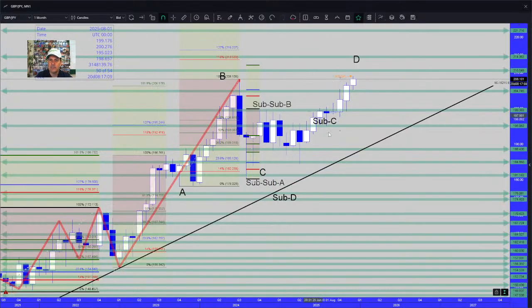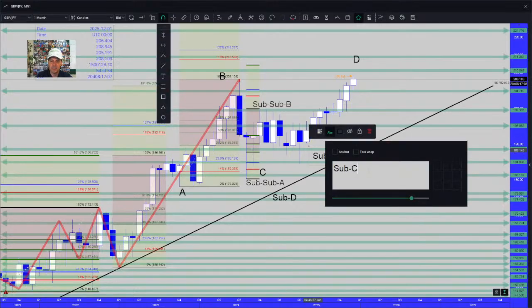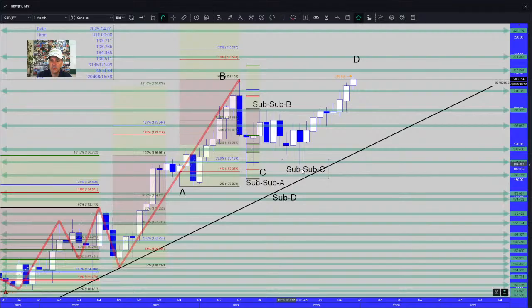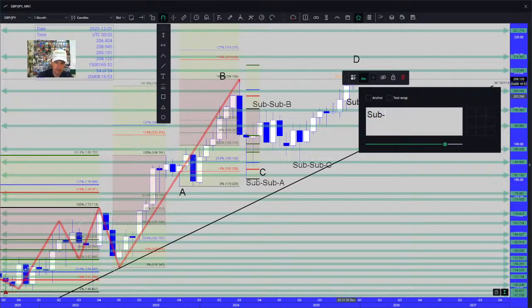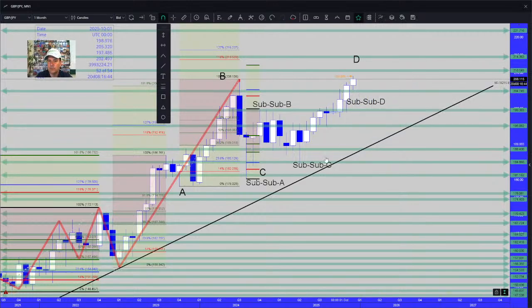Sub A, sub B, everybody. Sub C. Sub A, sub B, sub C. Blue goes to blue, and the market hit this sub D. And there you go. Sub A, sub B, sub C, sub D. All good?